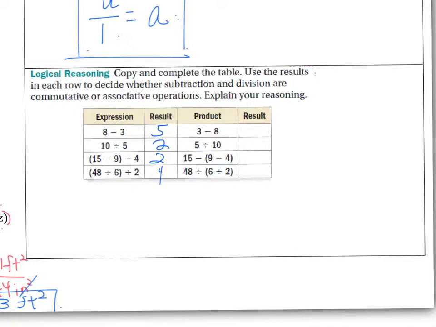And let's see, 3 minus 8 gives me negative 5. And if I switch this around, this would become 1/2. And if I regroup these, the answer would be 10. And again, for division, if I regroup these numbers, the answer would be 16.